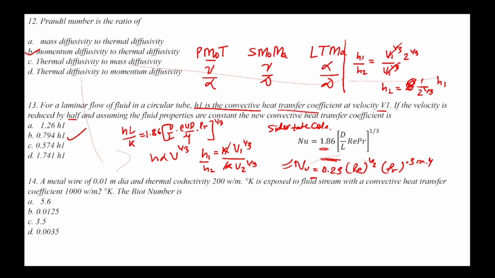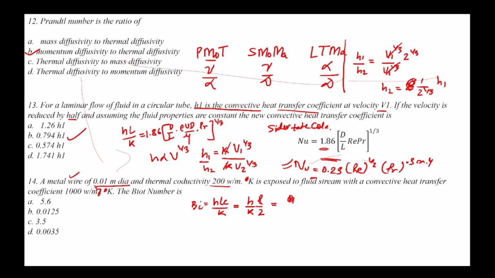Next, a metal wire of this diameter and thermal conductivity in watt per meter Kelvin is exposed to a fluid stream with a convective heat transfer coefficient in watt per meter square Kelvin. Find the Biot number. The metal wire is a cylinder. Biot number is equal to h Lc upon k, where Lc is the characteristic length for a cylinder, which is R/2.